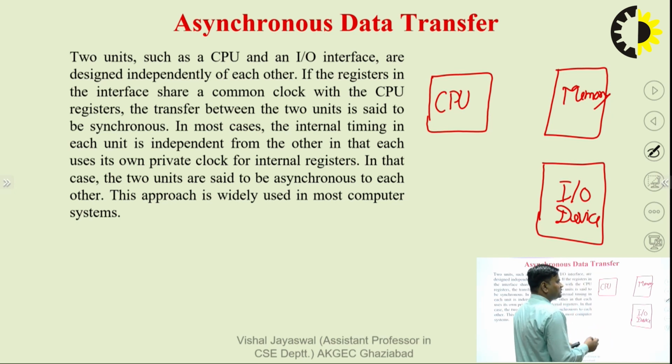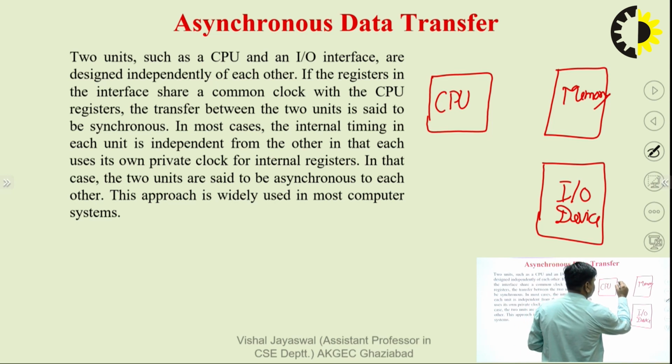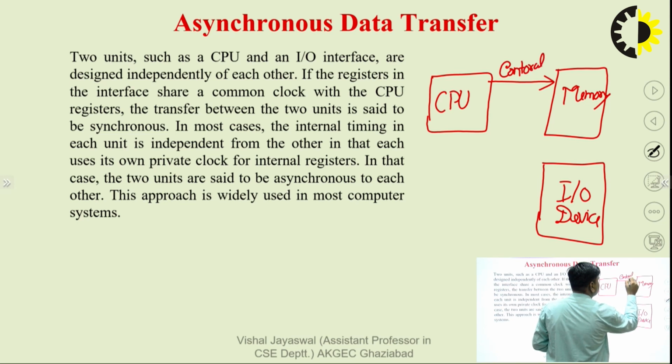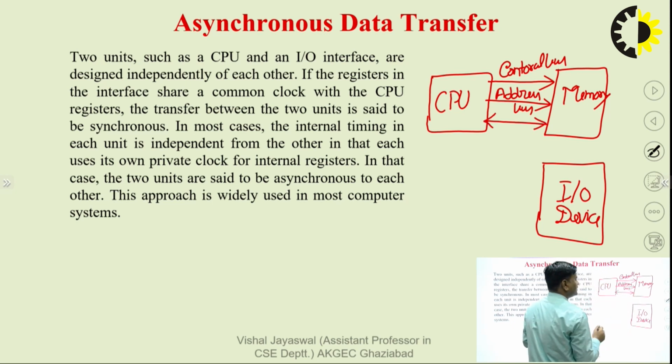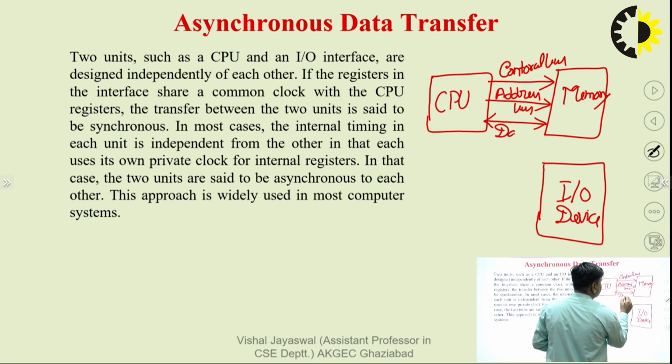If CPU wants to communicate with the memory, there is one bus called control bus, another bus called address bus, and the third bus is the bidirectional bus, that is called data bus.